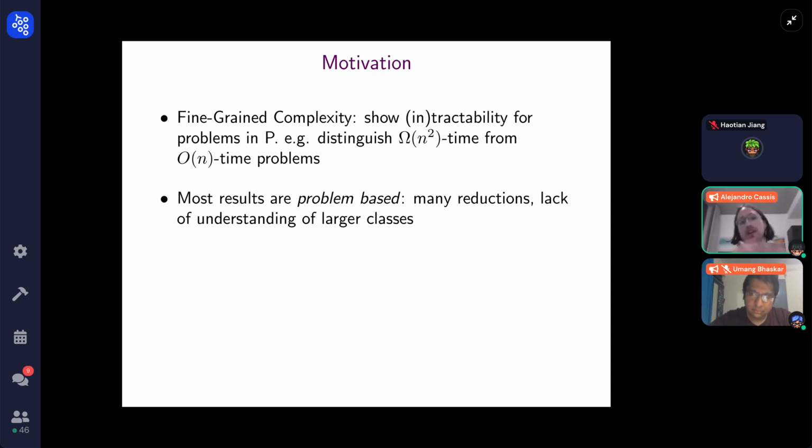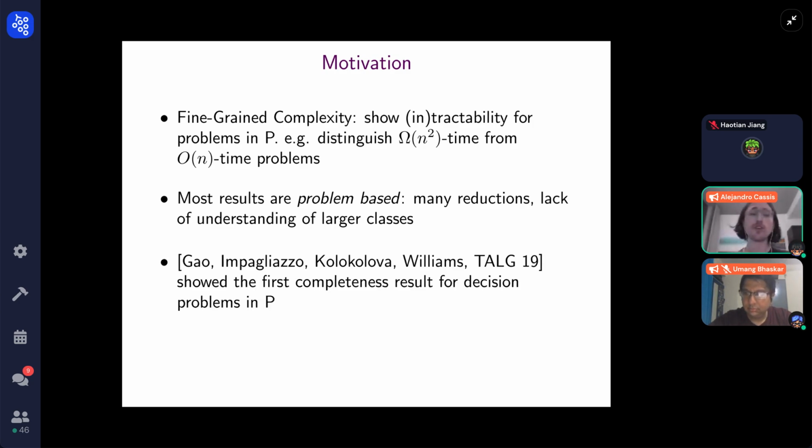Ideally, we would like to have a better understanding of some large class of problems for which we can prove conditional lower bounds, let's say for every problem in this class, to get a better understanding of the complexity landscape. A notable exception is this beautiful work by Gao, Impagliazzo, Kolokolova, and Williams from a couple of years ago, in which they show the first completeness result for a decision problem in P. In particular, they show that orthogonal vectors turns out to be complete for the class of first-order model checking problems.